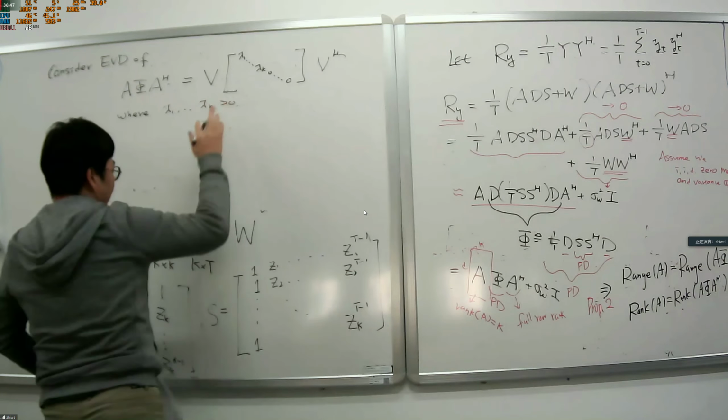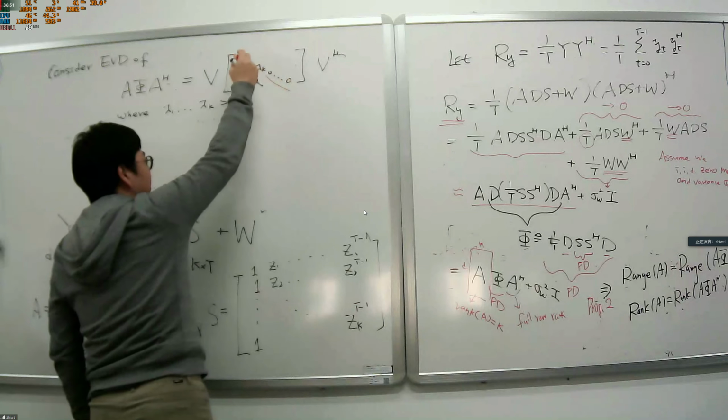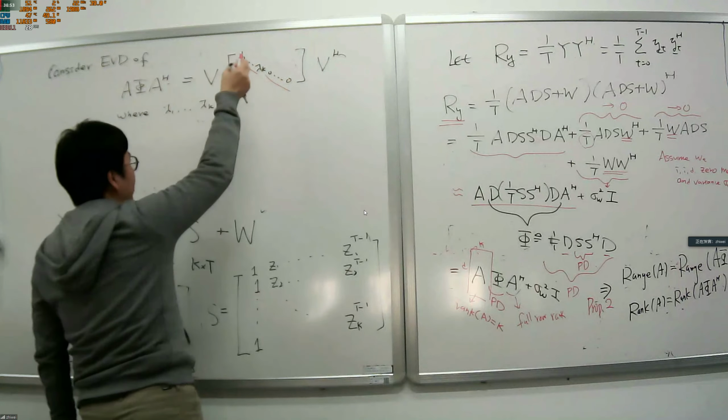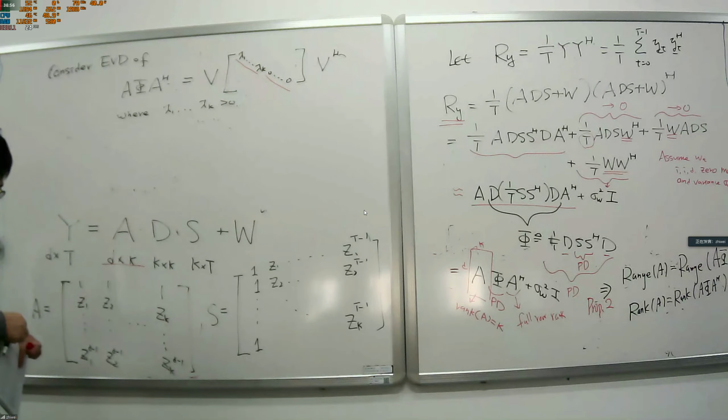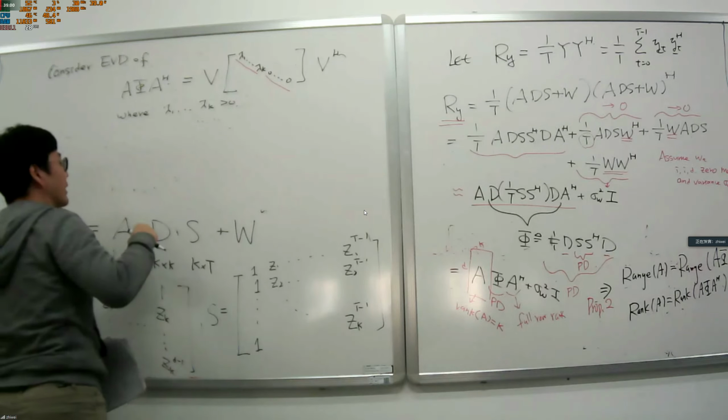So this means the first K eigenvalues are non-zero. So we can correspondingly partition and look at the eigenvectors associated with these eigenvalues.